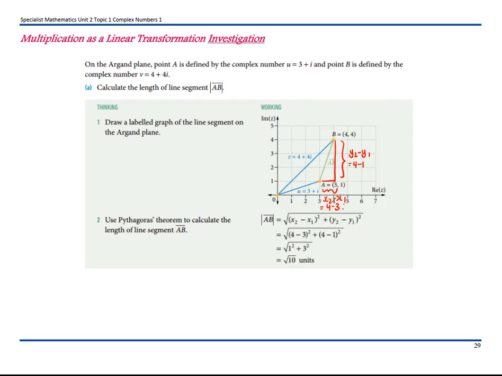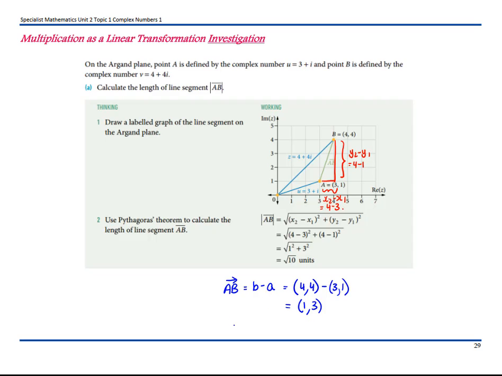Now, interestingly, I'm going to do a side note here and think about it like vectors. When you needed to find the vector AB, you went B minus A. So let's think about that. If we have the coordinate 4, 4, and we minus 3, 1, you end up with 4 minus 3 is 1, 4 minus 1 is 3.